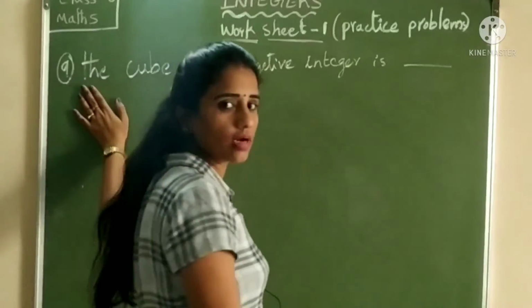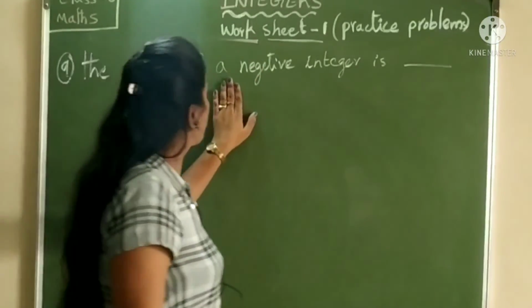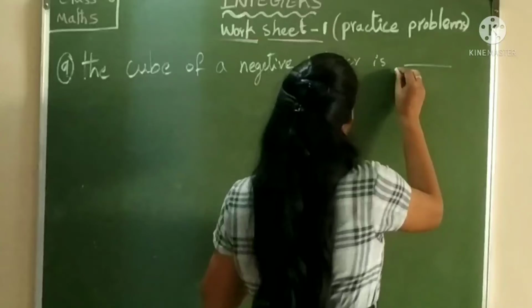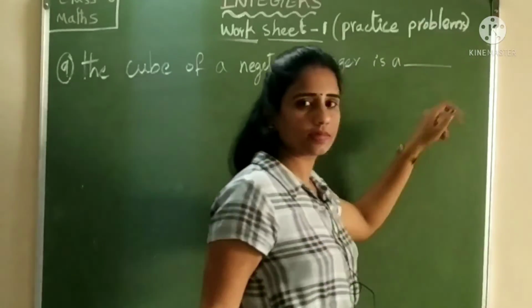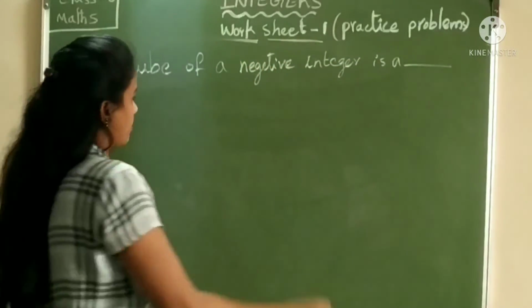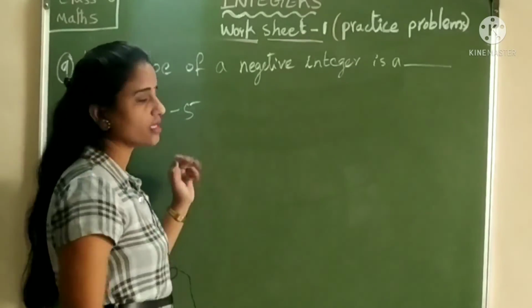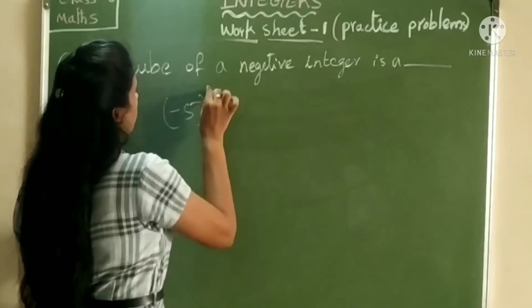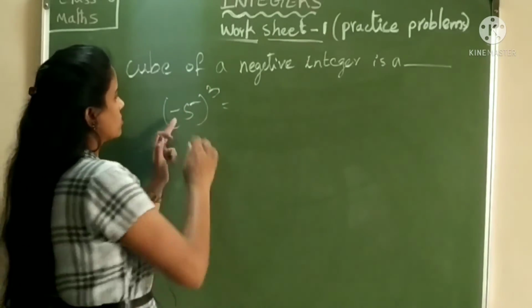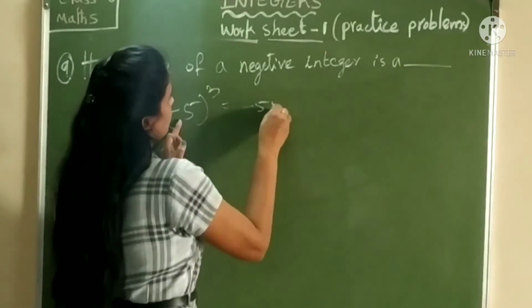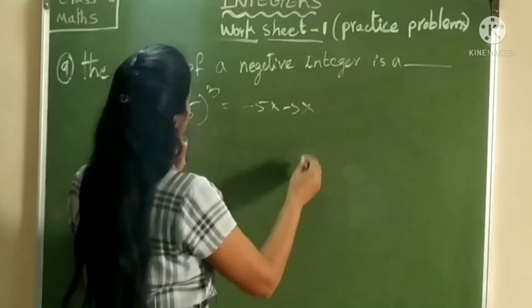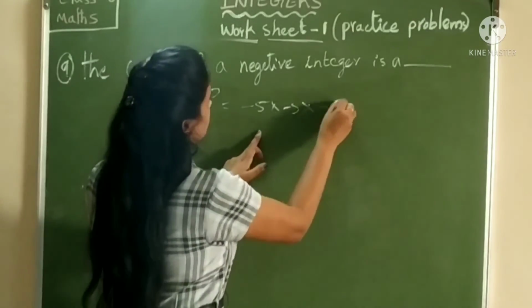Okay, ninth one. The cube of a negative integer is what? Take any negative integer, suppose minus 5. Minus 5 whole cube is minus 5 into minus 5 into minus 5.